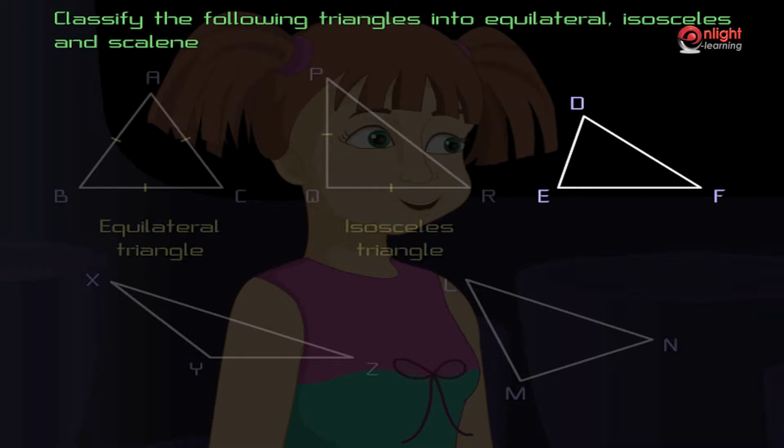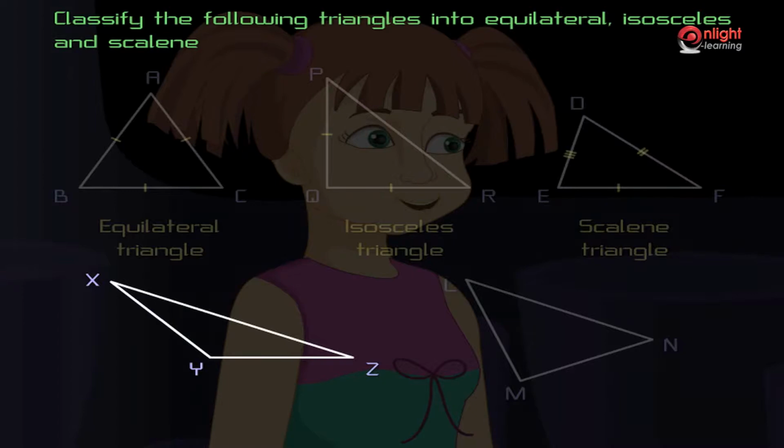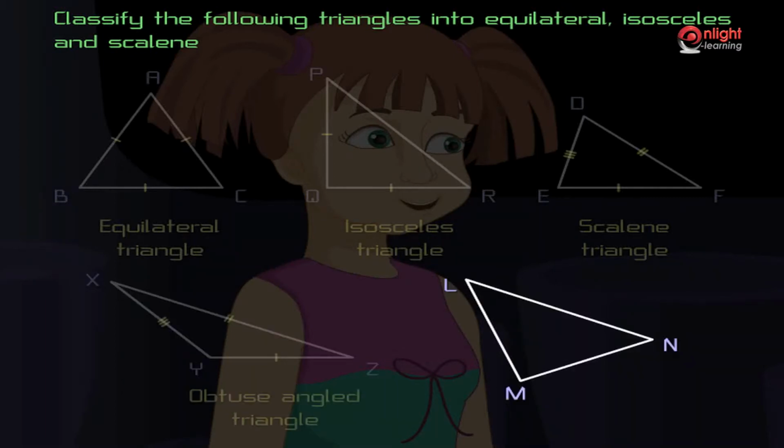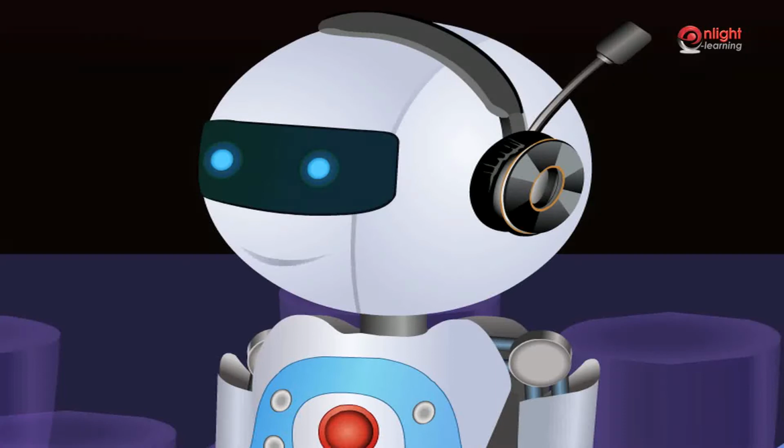Triangle DEF is a scalene triangle since all the sides of the triangle are different in length. Triangle XYZ is again a scalene triangle since all the sides are of different length. Triangle LMN is an isosceles right angle triangle since two sides of the triangle are equal in length and angle N is 90 degrees. Good!